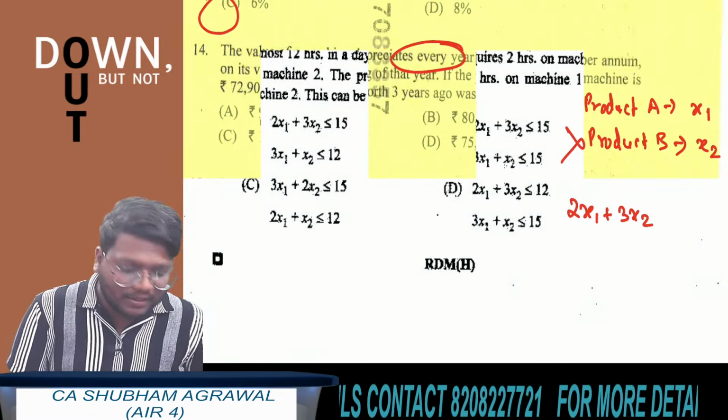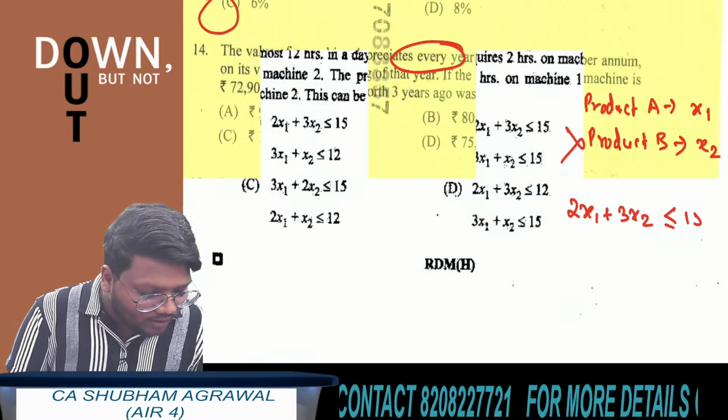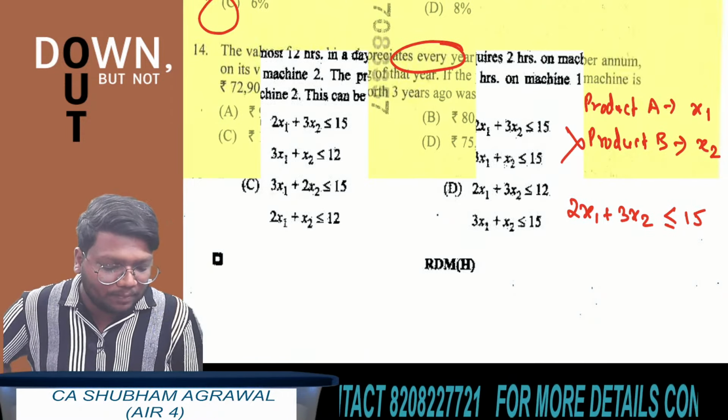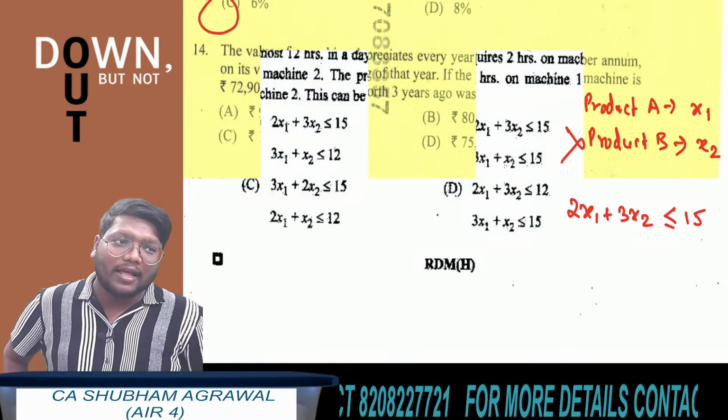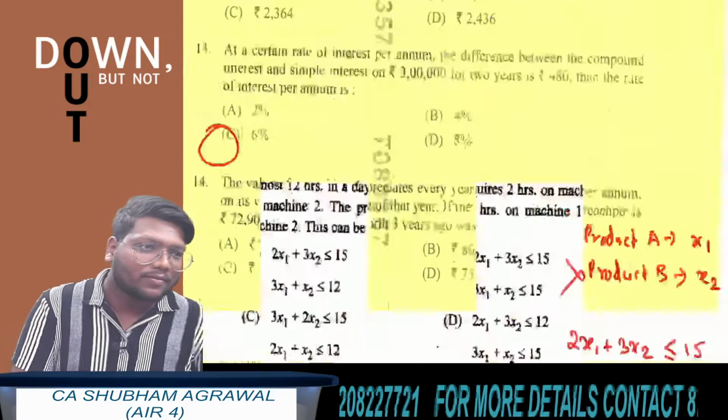So 2x1 plus 3x2 should be less than or equal to 15.